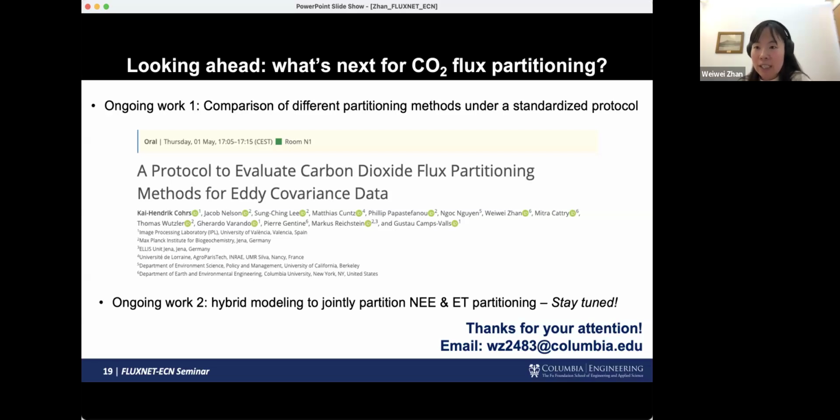It's kind of an extension of this work, and also of another ET partitioning work done by our group a few years ago. You are also very welcome to reach out if you are interested, and we hope we can share more updates later. So this is a brief overview of our previous work and also ongoing work regarding carbon flux partitioning. Feel free to let me know if you have any questions.